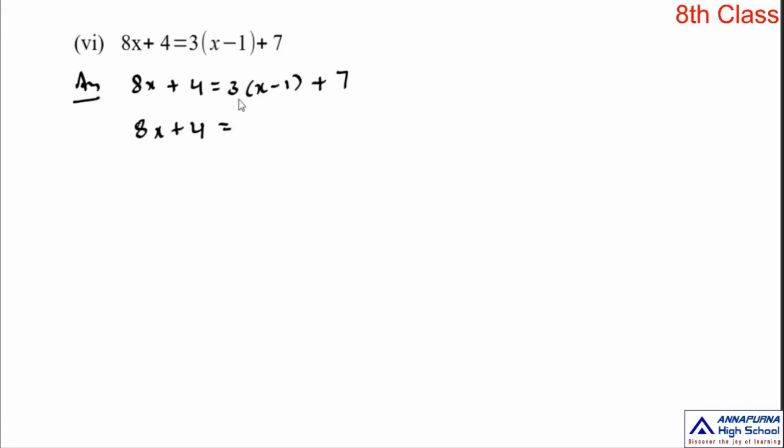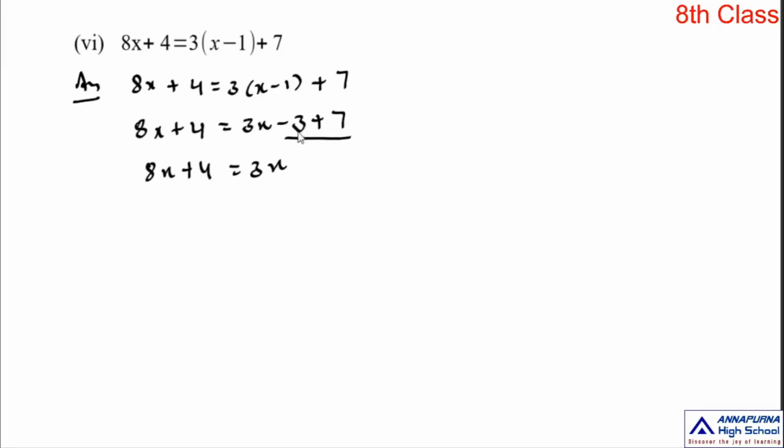You multiply this 3 by every term inside the bracket. Indirectly, we are applying the distributive property. So 3 into x, 3x, 3 into minus 1, minus 3, plus 7. So 8x plus 4 is equal to 3x minus 3 plus 7.